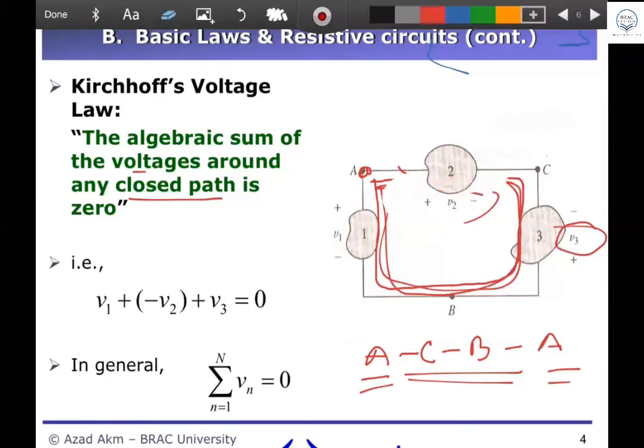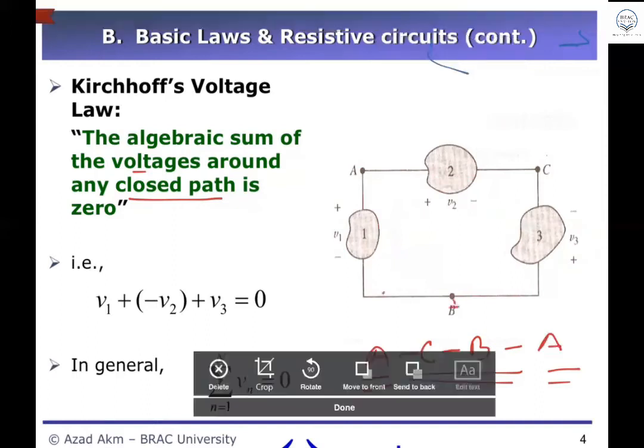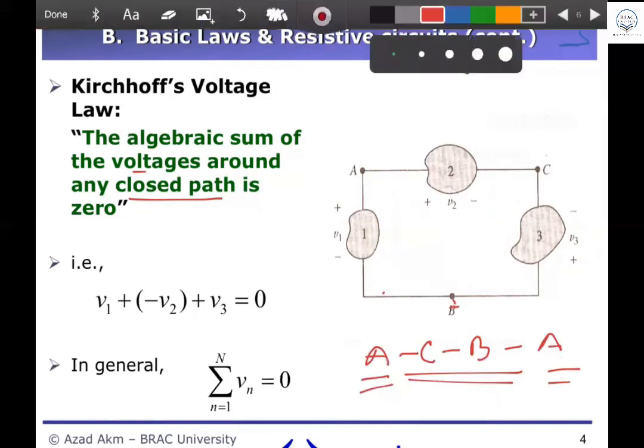Now, let's come back here. We are going to go through the nodes like this. Let's say we start from the ground, normally the lower part. You start from here, go around, and come back here.